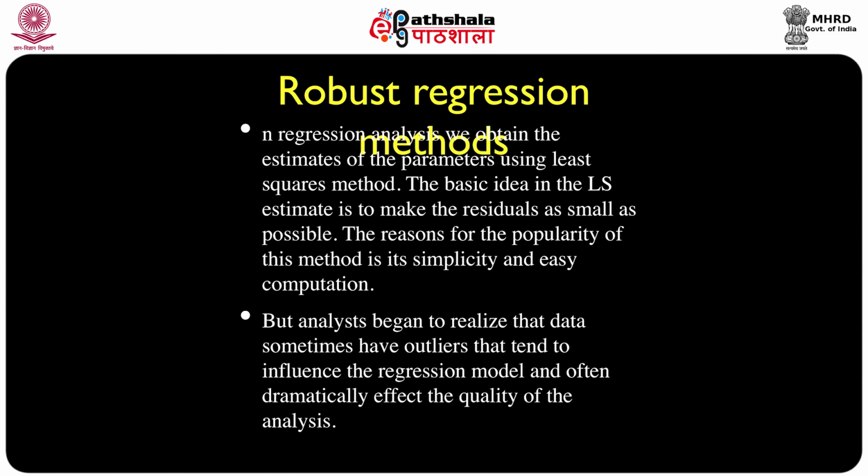The reasons for the popularity of this method are its simplicity and the easy computation involved in obtaining the parameter estimates. But analysts began to realize that data sometimes have outliers, and when there are outliers in the dataset, they tend to influence the regression model, and they often dramatically affect the quality of the analysis. The amount of effect the outliers have on the estimates of the parameters is quite large.